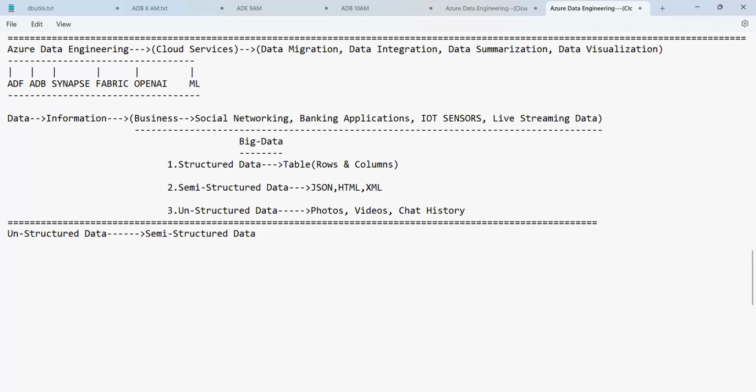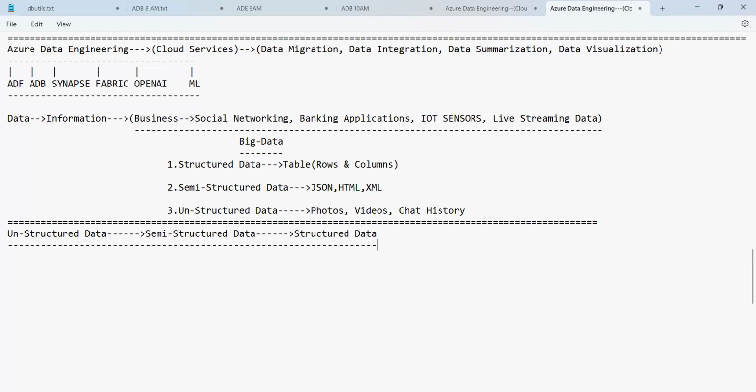Later, if required, we convert the same into structured data. This is the process we call handling of the data: structured, semi-structured, and unstructured.